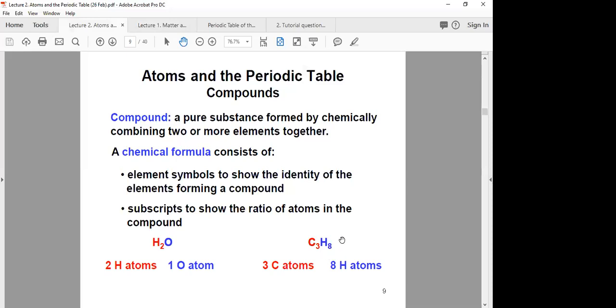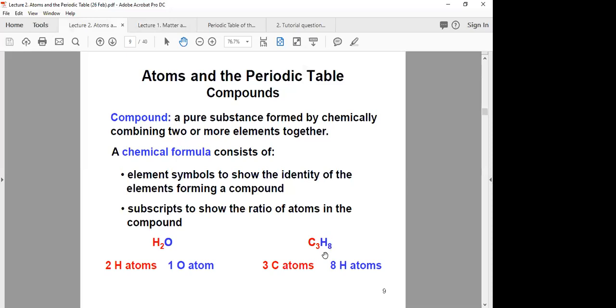So this chemical formula tells us that 1 molecule of this particular substance, which is, by the way, propane, is made up of 3 carbons and 8 hydrogens. Okay, so they're 2 examples of chemical formulas.